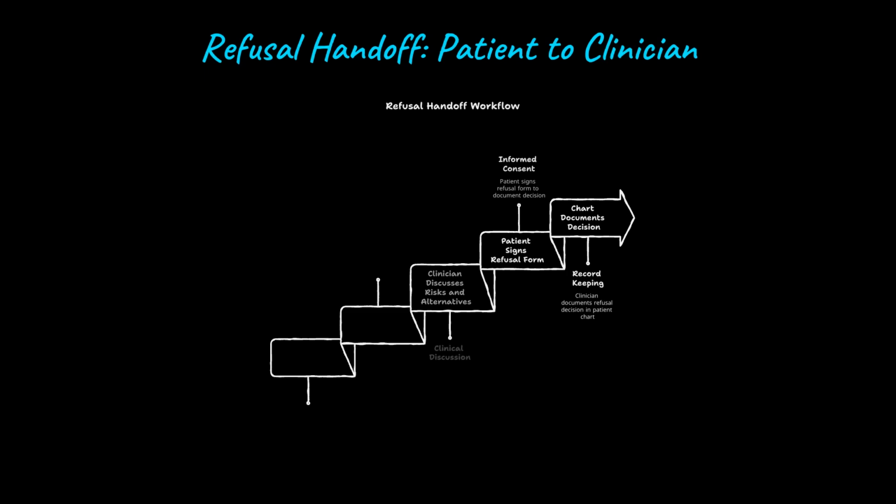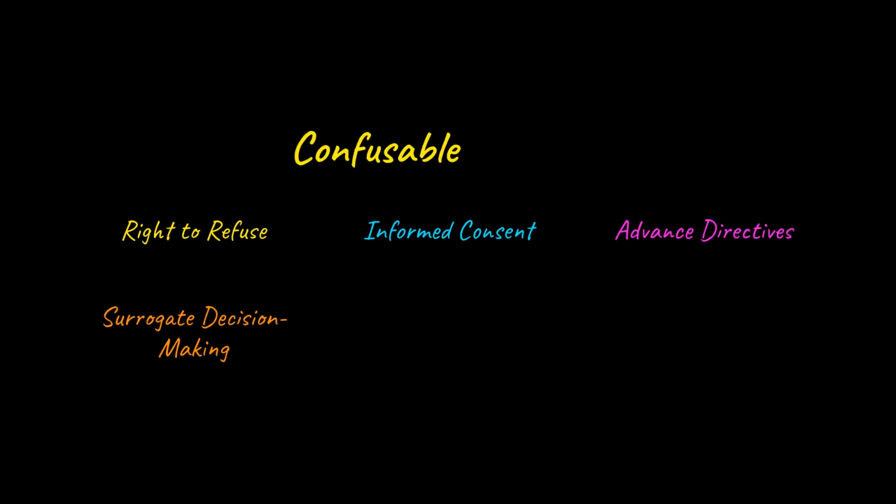In practice, the process is a clean handoff. The CMAA acknowledges autonomy and routes the patient to the clinician, who holds the structured discussion about risks, alternatives, and consequences. If the patient still declines, the patient, not the CMA, signs the refusal form, and the chart documents everything.